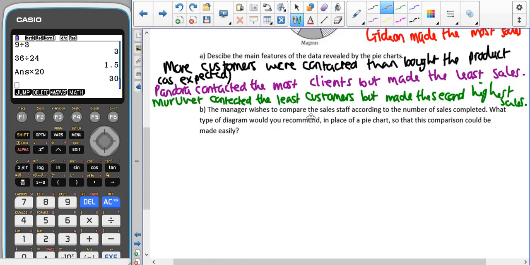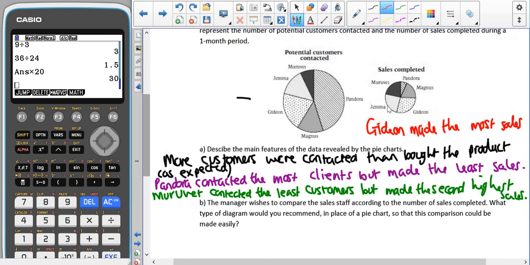Part B, we have the manager wishes to compare the sales staff according to the number of sales completed. What type of diagram would you recommend in place of a pie chart so that the comparison would be made easier? Now, the problem with using a pie chart to try and do this comparison is that it's the area that represents the frequency.